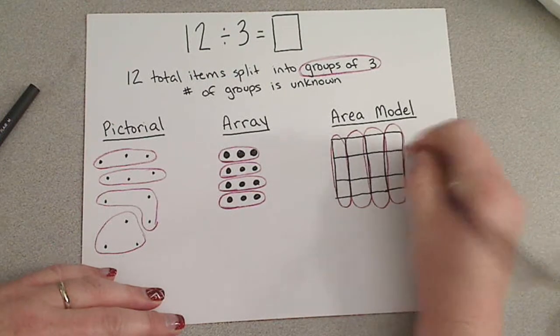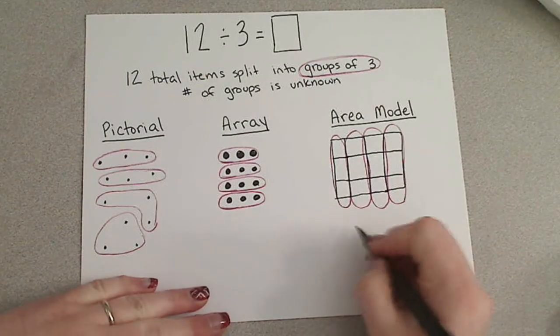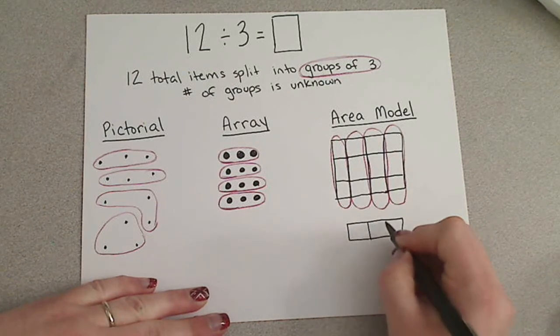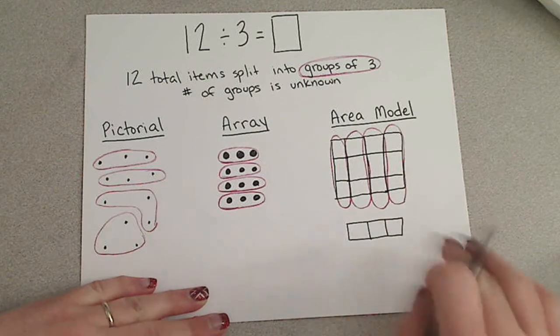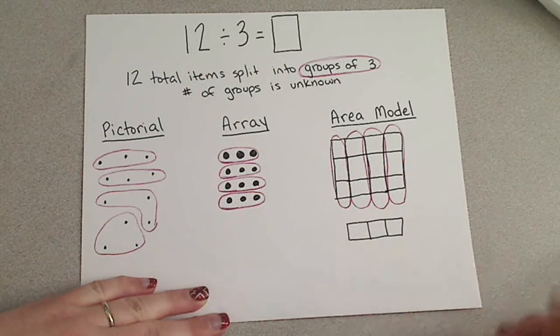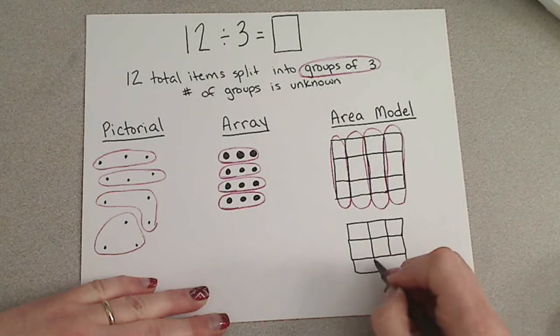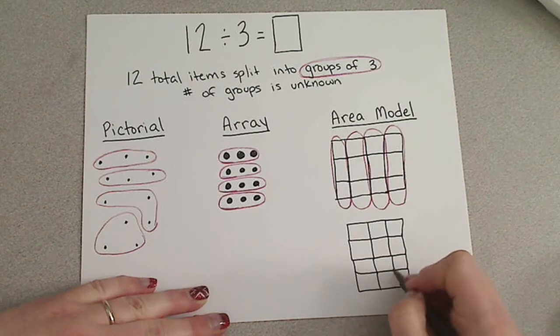And there's another group. Now, if your students do format it the other way, and they start going this way, because some students may make the connection. Well, I remember for multiplication that the amount in each group goes sideways. So they may start going this way and going, well, I know that one row has 3. So there's a second group of 3, a third group of 3, and a fourth group of 3.